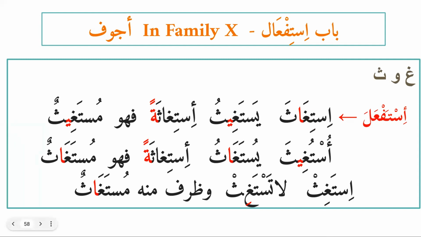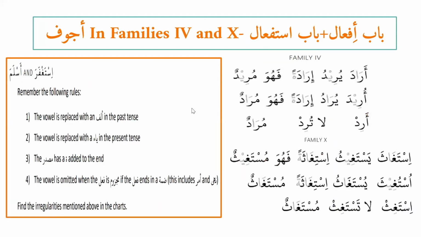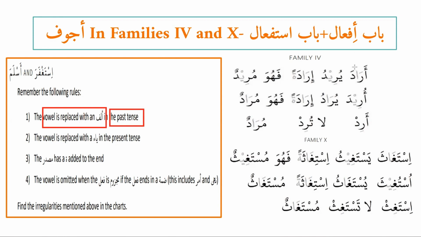And now both families together, face to face. Now just look at this, the summary of what we learned so far. In the past tense, you have alif in place of the vowel. Here you have alif: arada and istaghasa.